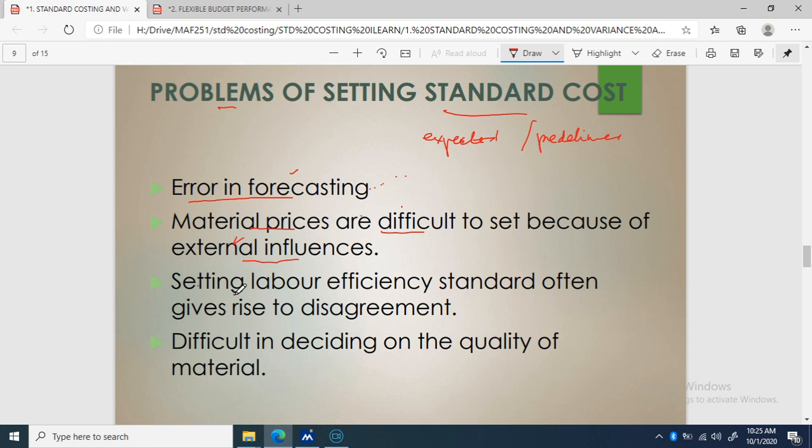Number three, setting labor efficiency standards often gives rise to disagreement, especially with new workers. So let's say you set a standard of 1 unit to produce in 1 hour. Normally the new workers, when you set an ideal standard, do not agree because they lack training and experience, so they need more time to produce 1 unit.